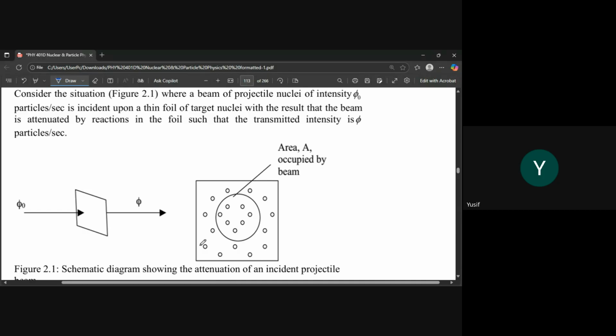Let me put it in that way. If you've watched the documentary about the Fukushima and Chernobyl events, you could see those who were having a very high cross section.